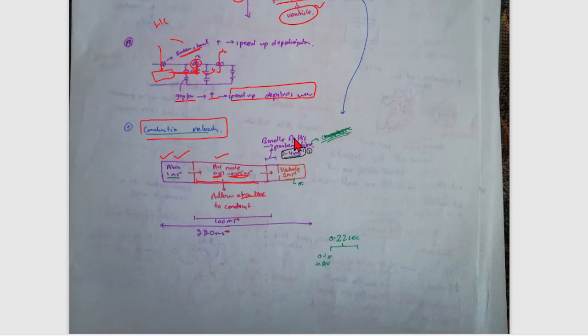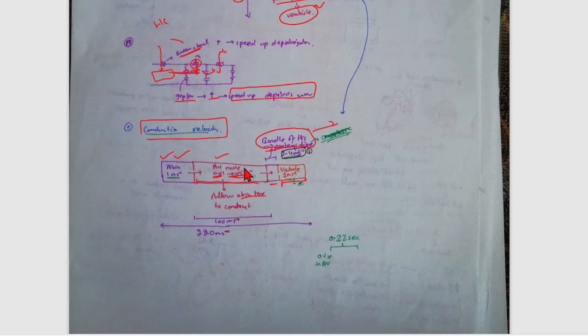After that it goes toward the bundle of His and Purkinje fibers, and here it moves very fast. So if anyone asks where the conduction velocity is high, it is the bundle of His and Purkinje fibers. After that the signal goes to the ventricle and the ventricle contracts, at about 1 millisecond.